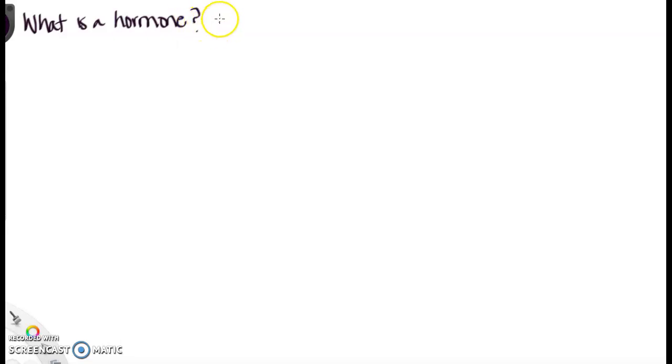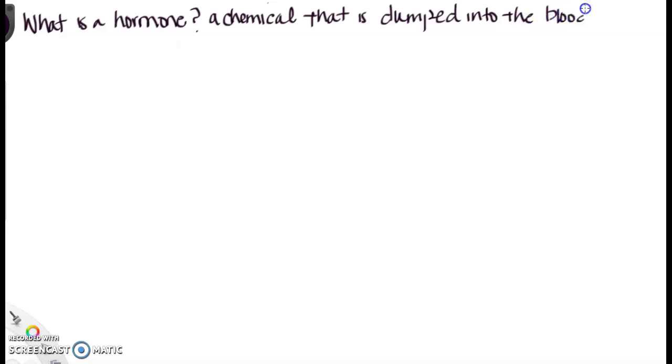Well, a hormone is a chemical that is, for lack of a better word, dumped into the blood that acts on a distant target. So that is what a hormone is.